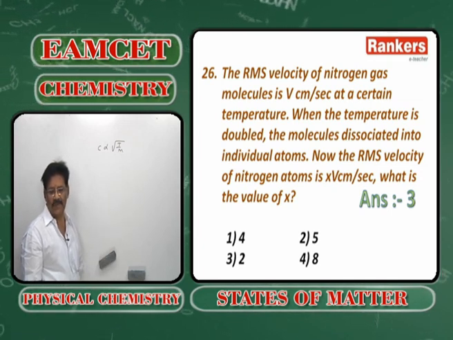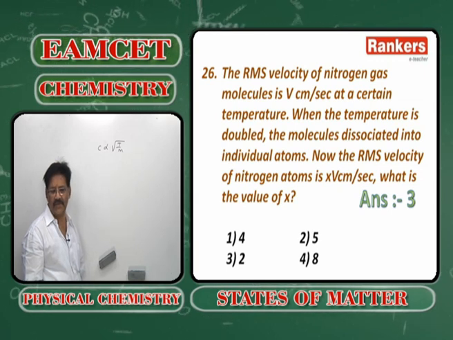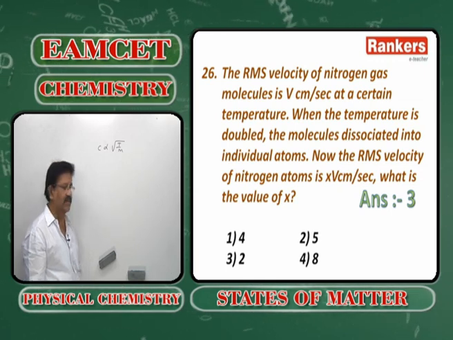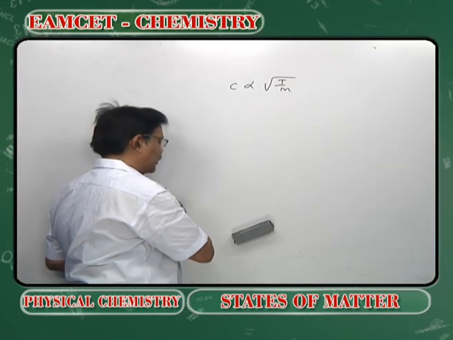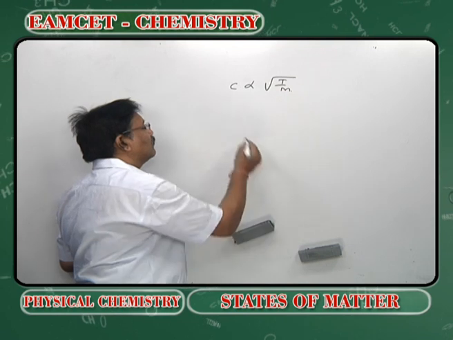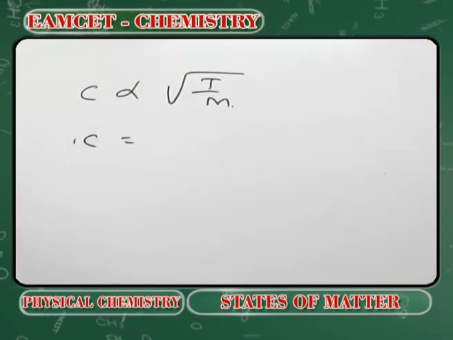Now the RMS velocity of the nitrogen atom is x into v centimeters per second. What is the expression? C is equal to root 3RT by M.